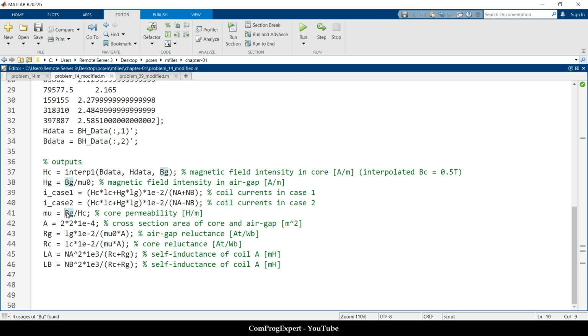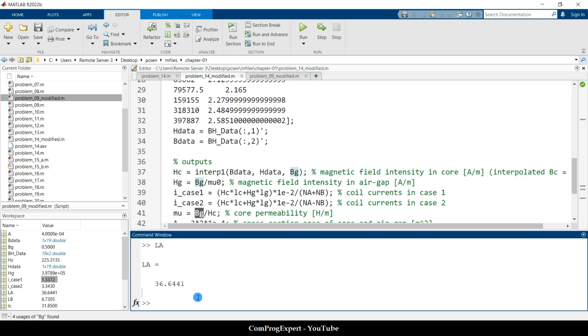Considering these calculations, the value of the B gap. So did we calculate the permeability of the core correct? Here is the B core. We considered it equal to the B gap. Okay. And what is the value of LB?